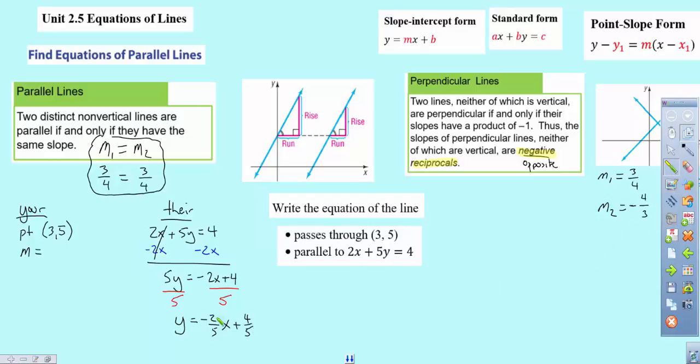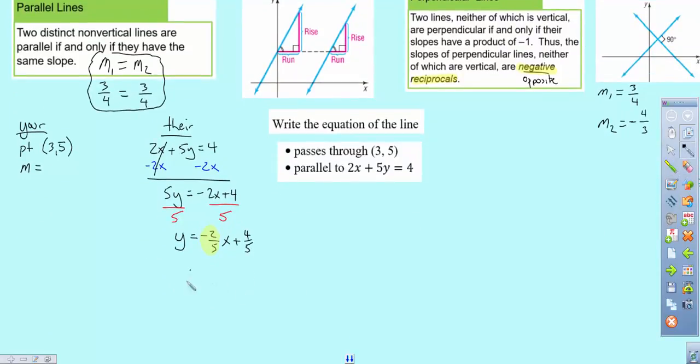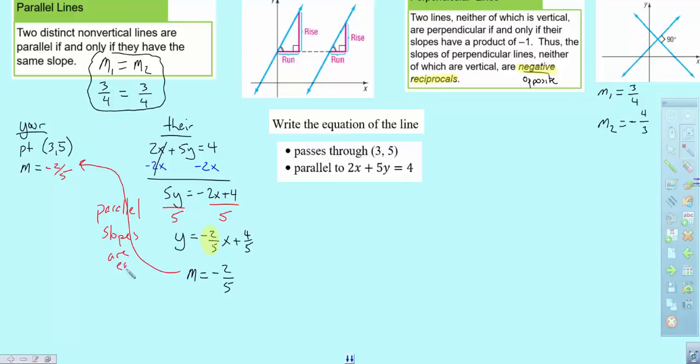And remember, the most important thing is that right there, which is my slope. So the slope of their line is negative 2 over 5. But I can put their slope right here for our slope because our lines are parallel. And if your lines are parallel, then your slopes are equal.